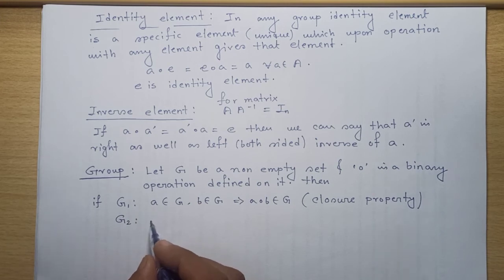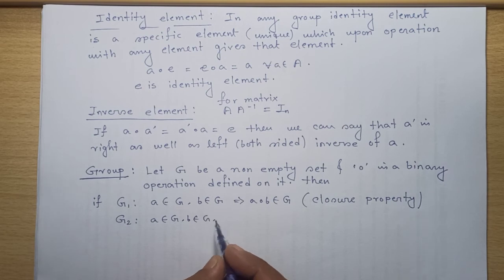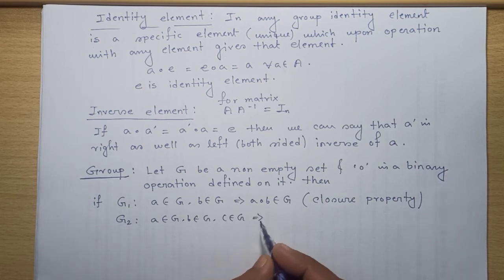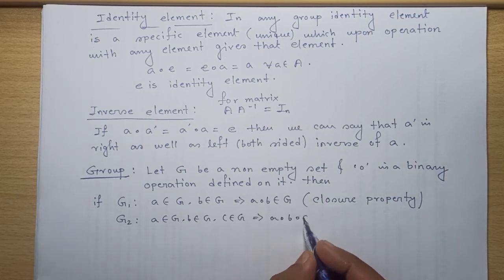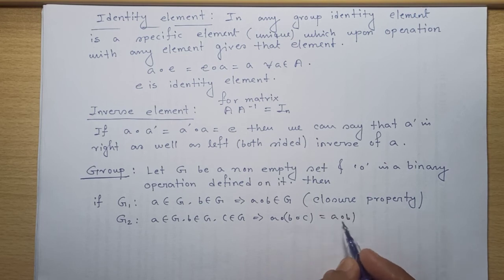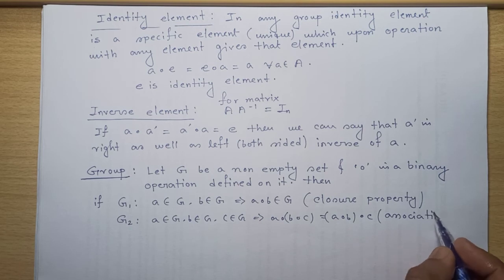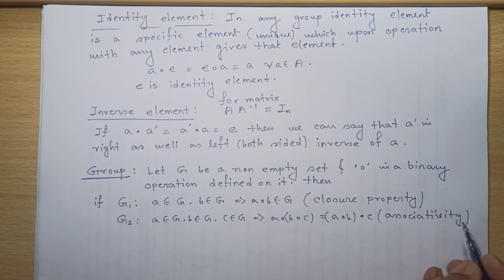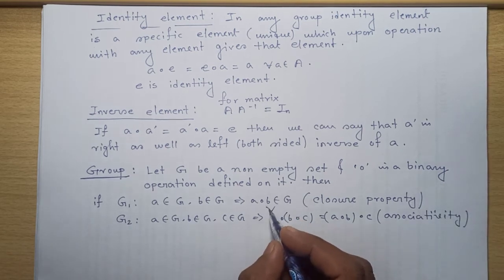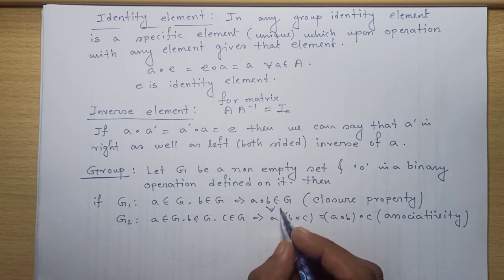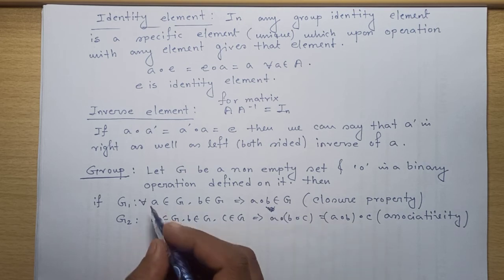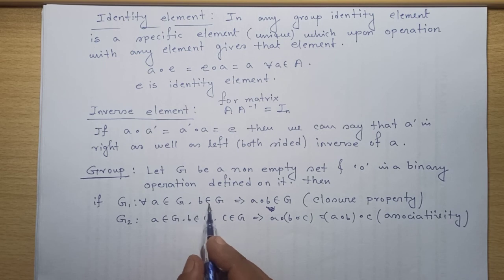The second condition is a, b, c belonging to G implies (a compose b) compose c equals a compose (b compose c). That is associativity. Here we have to write for all a, b belonging to G.